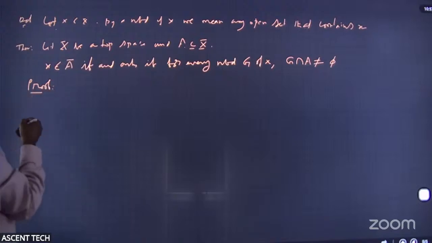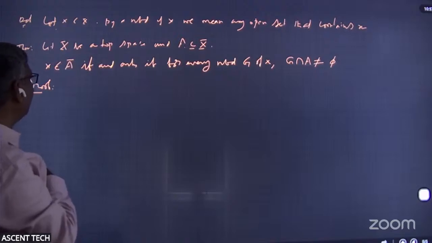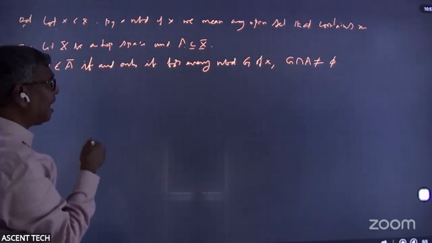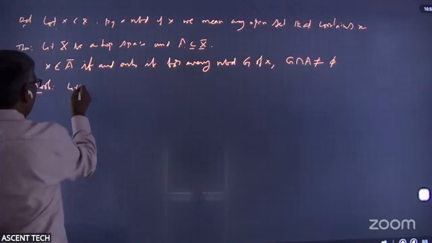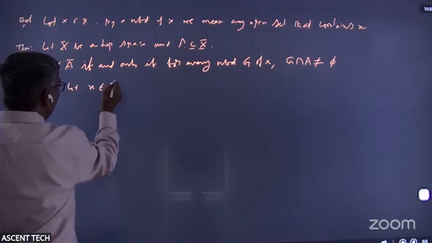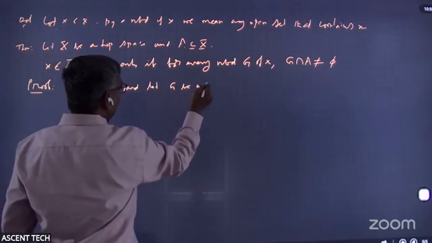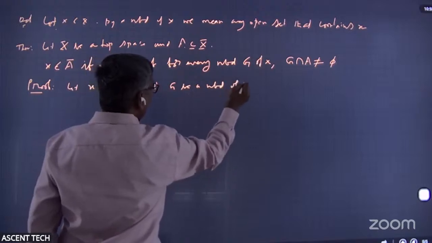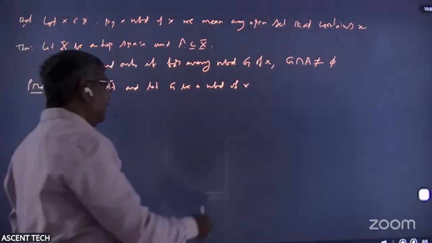Okay, one side probably. If x is in A bar, you want to show that, take any open set containing x. Select x belonging to A bar and let G be a neighborhood of x. That means G is an open set, it contains x. You want to show that G intersection A is non-empty. Well, it's very easy.